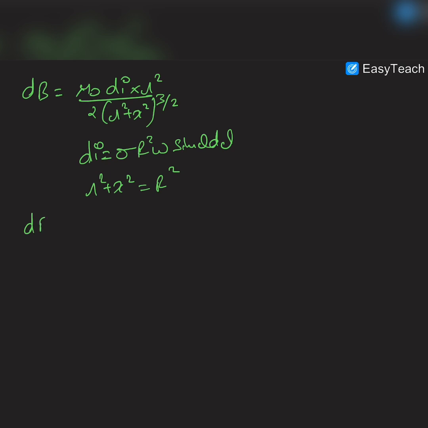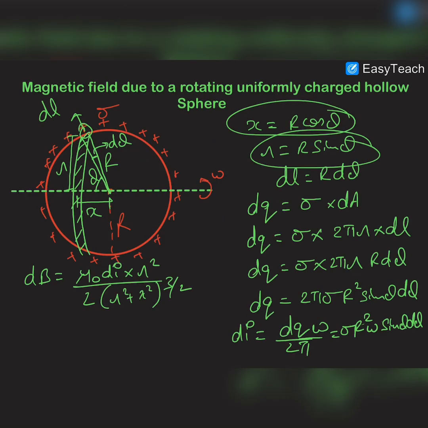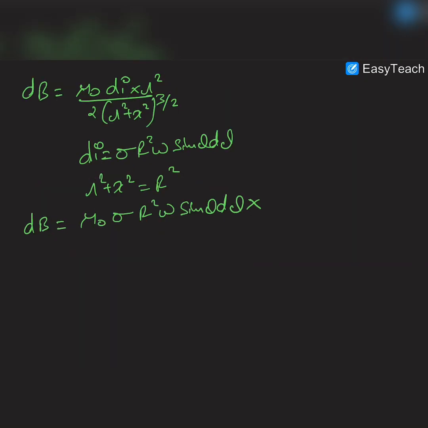So dB will be equal to mu naught sigma R square omega sin theta d theta into r square. Now small r is R sin theta, so it would be R square sin square theta divided by 2 R cube.